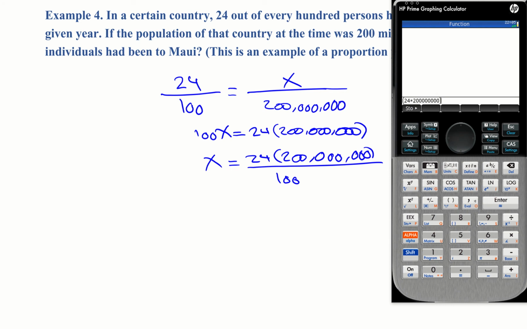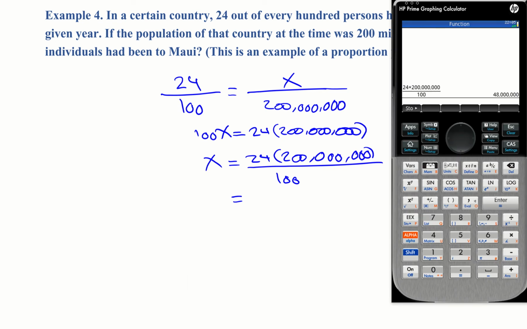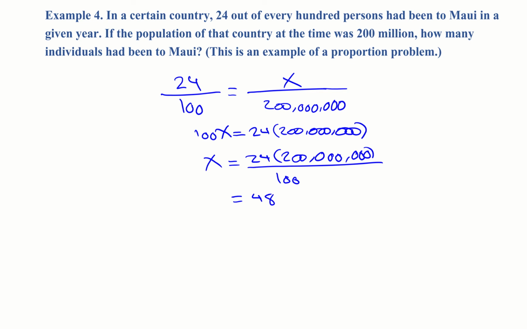Okay, and then we're going to divide that by 100, and we get basically 48 million. All right, so if out of every 100, 24 had gone, then out of 200 million, most likely 48 million would have gone to Maui.